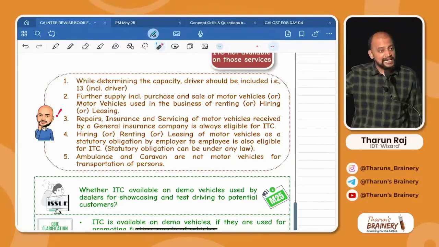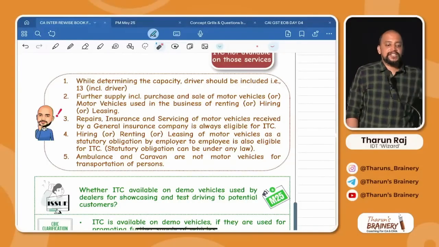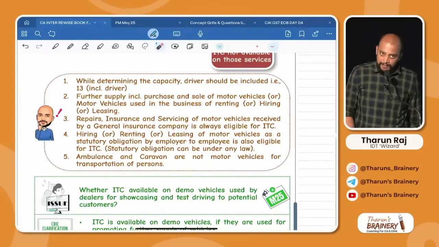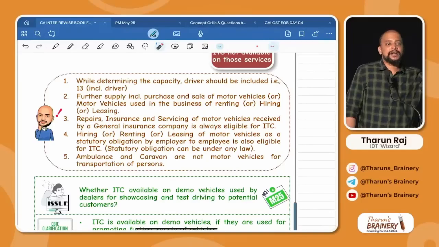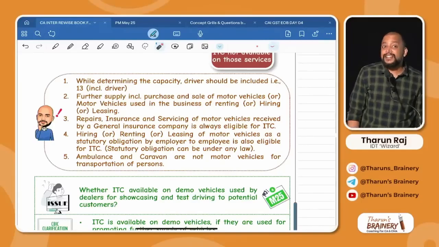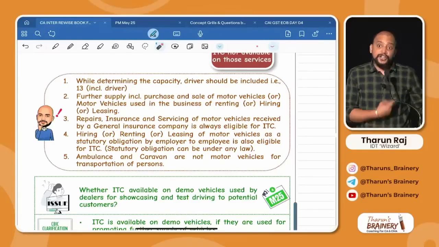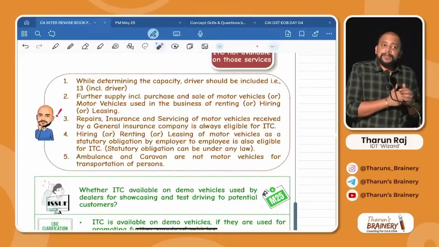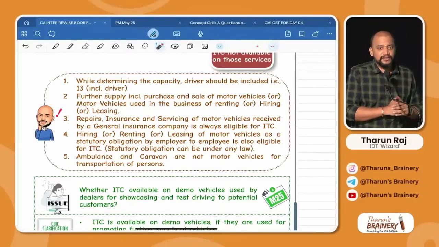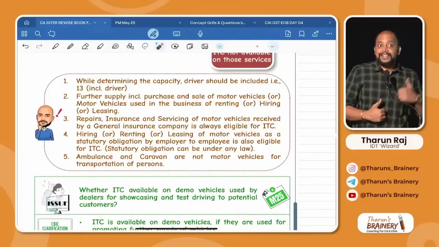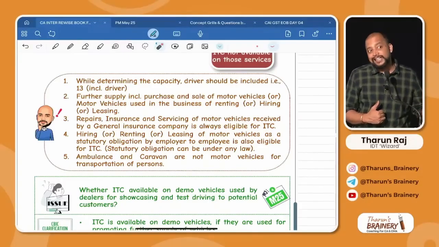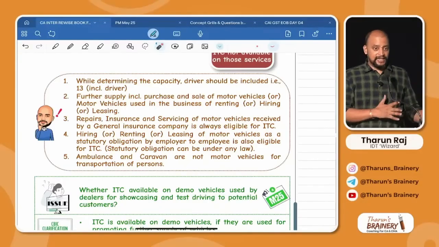I will take it to the service center. Now the service center will do the entire repair. Will I pay money? No. Insurance company will pay the money. So the bill is raised to the insurance company. Can the insurance company take ITC? But the car is not theirs. Car is mine. But they gave the insurance. So can they take ITC? Of course, yes.